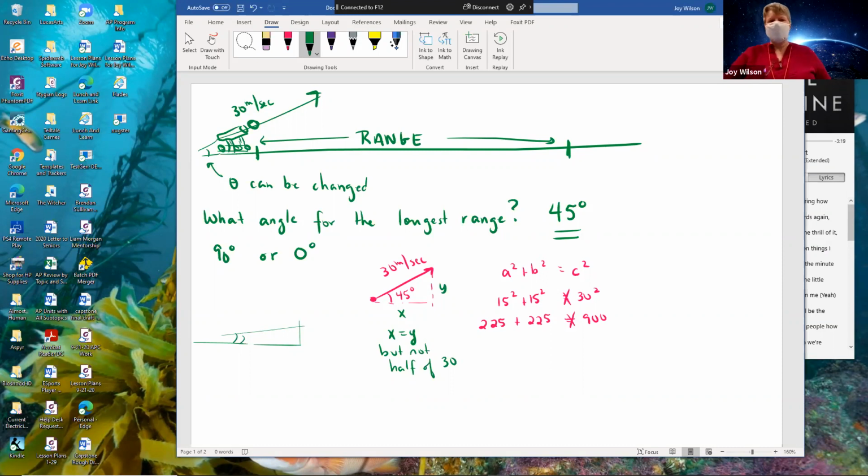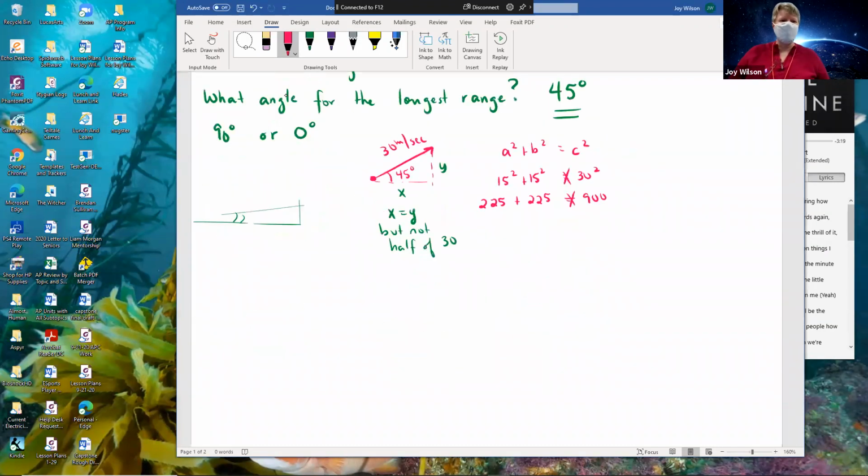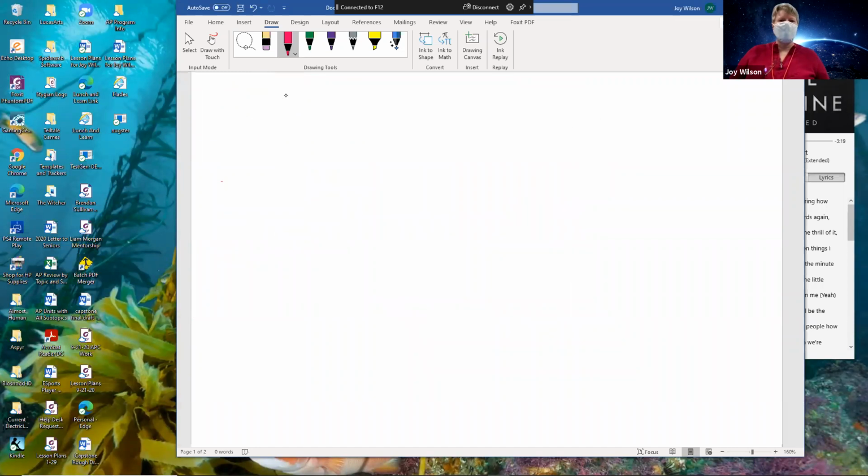So here's another thing about projectile motion. We have this idea of max height. Let me do another picture. Let's talk about this max height.